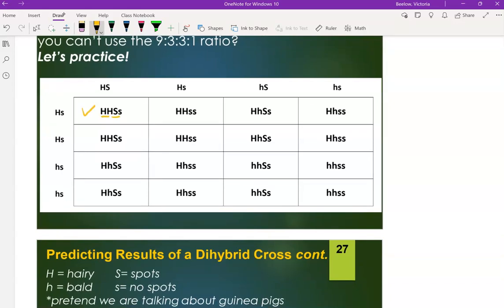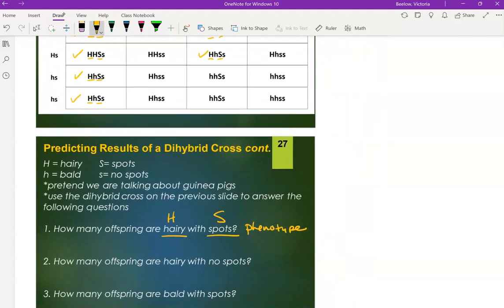So this one does, so that's 1. This one does, that's 2, 3, 4. This one has a little s, little s, little s, little s. Those don't count. These ones, this one has little h's. Those don't count. Okay, so I count 6 total.